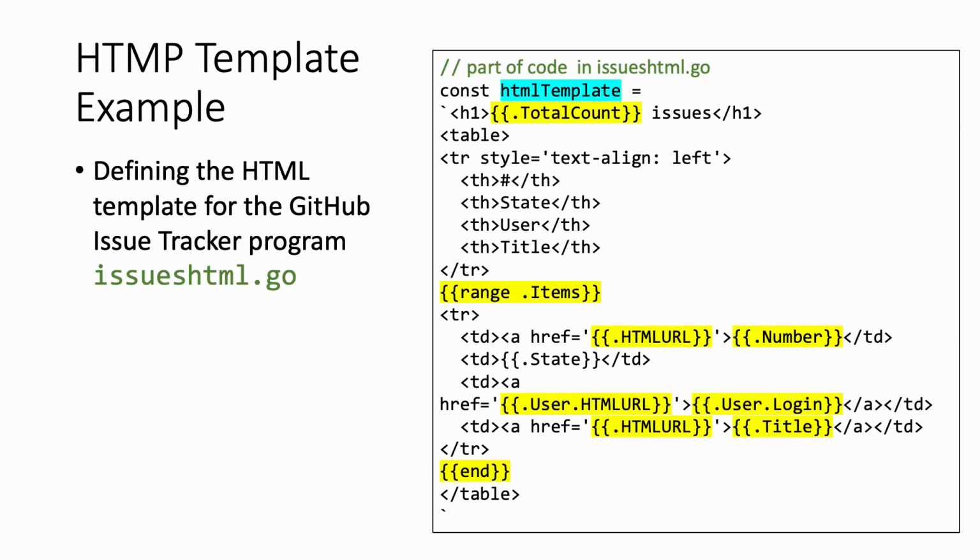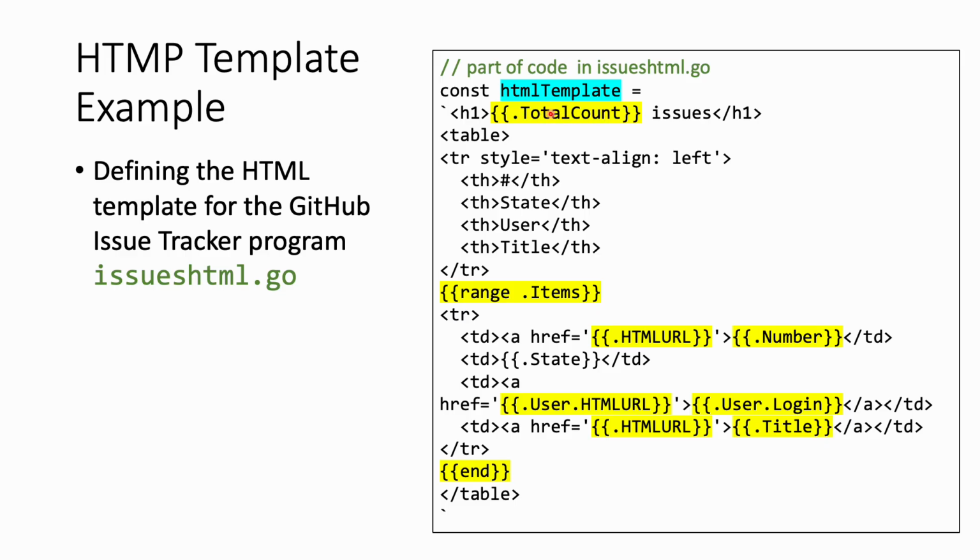Now we focus on defining the HTML template for the GitHub issue tracker program named issues.html.go. An HTML template is the same as the text template, that is, it is a string that contains substrings enclosed in double braces.